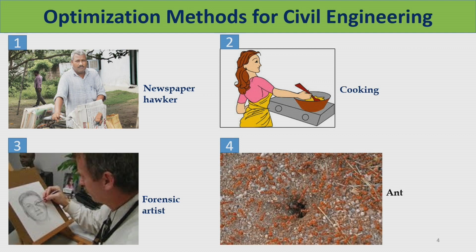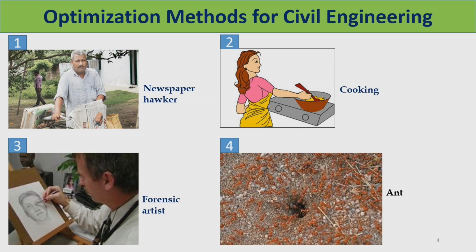Now, if I look at all these photographs and these people, they do not know about optimization, but even if you are looking about the newspaper hawker, about the woman who is preparing some recipes and the forensic artist, they may not be aware about optimization, but if you look at their activities, they are actually performing some optimization here without knowing any optimization method.